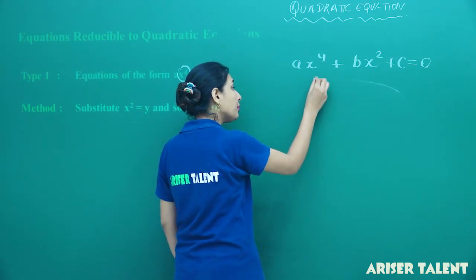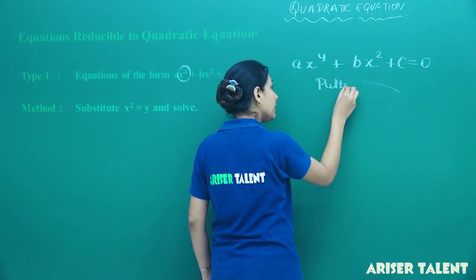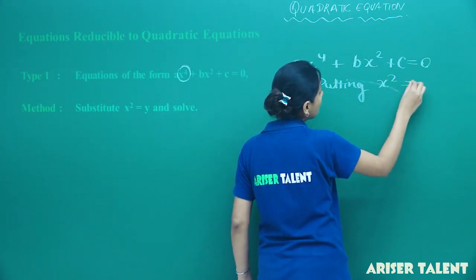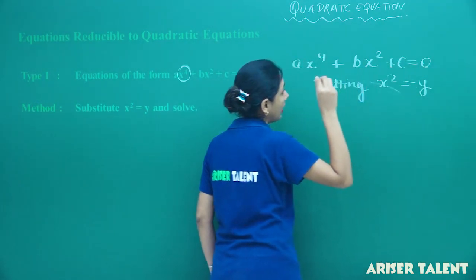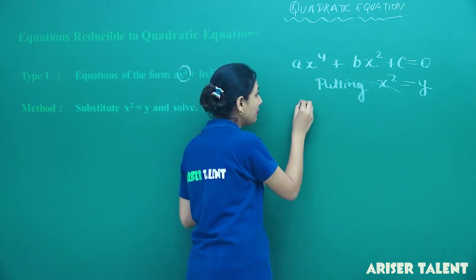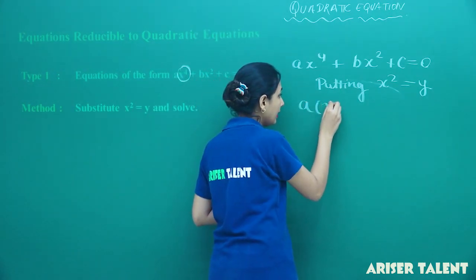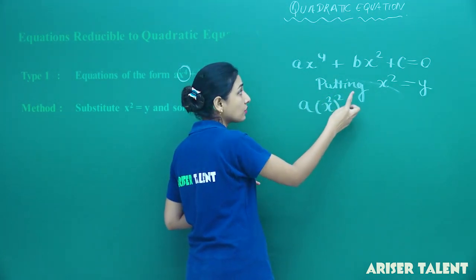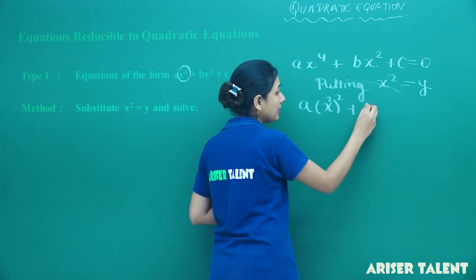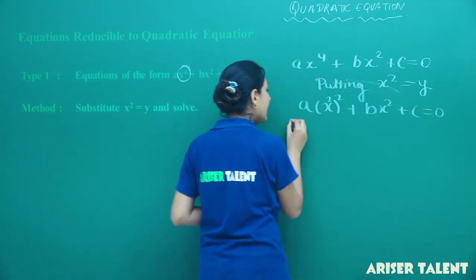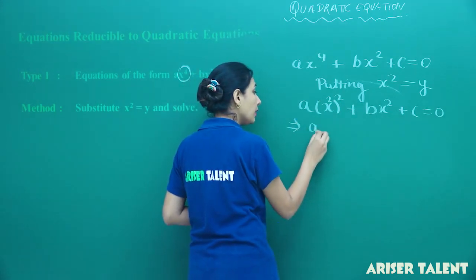Now, if I put x square equals to y, what will it become? a times x square whole square plus b times x square plus c equals to 0, and that will convert into a.